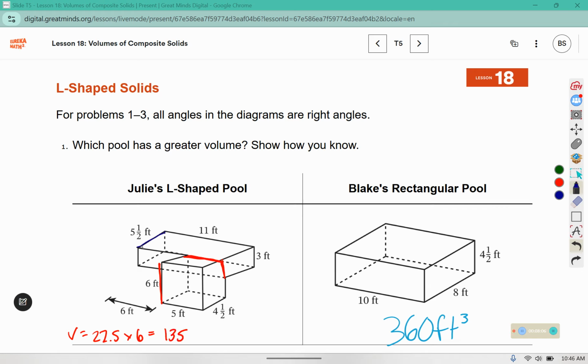Then we have this section here, which is 11 by 5.5. And 11 times 5.5 is 60.5. And it has a depth or a height of 3 feet, which gives us a volume of 181.5.